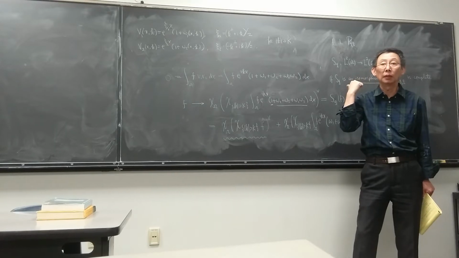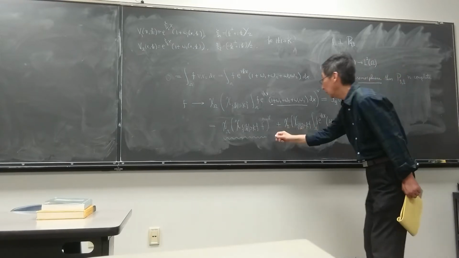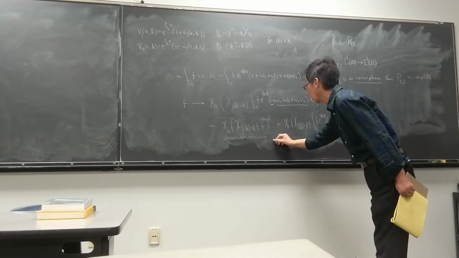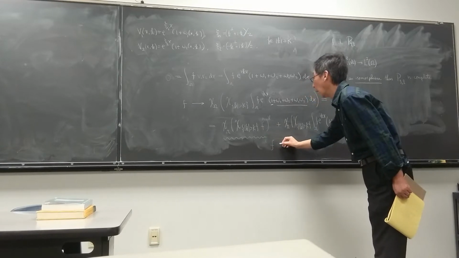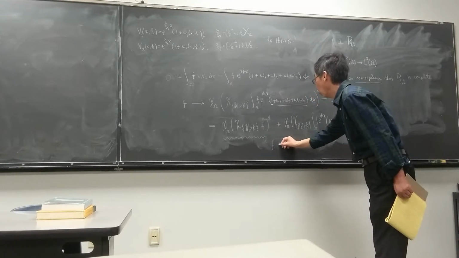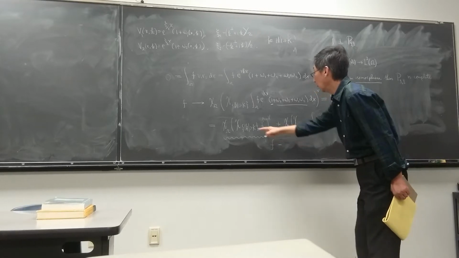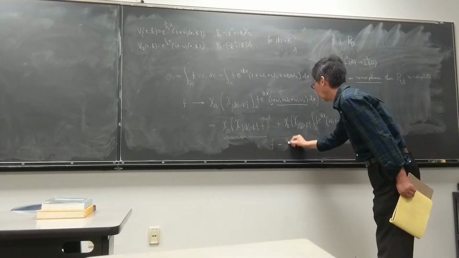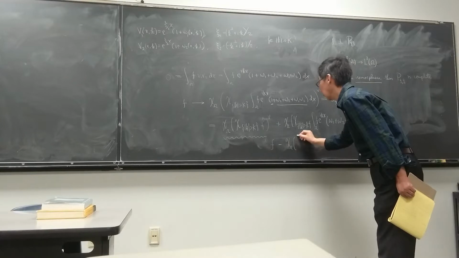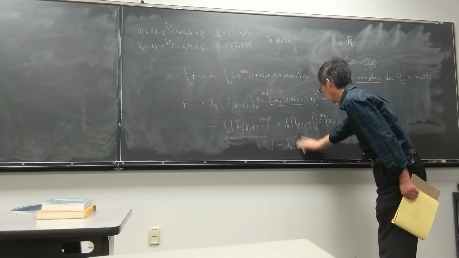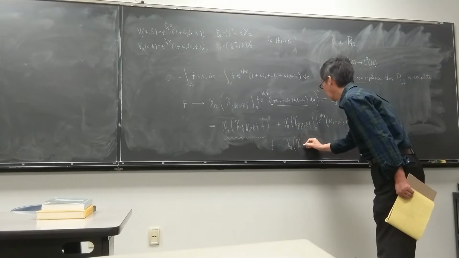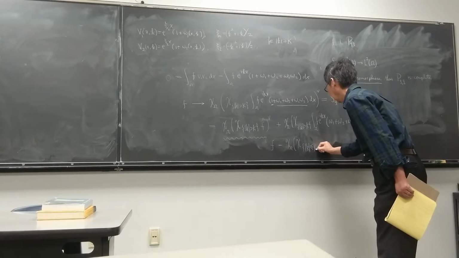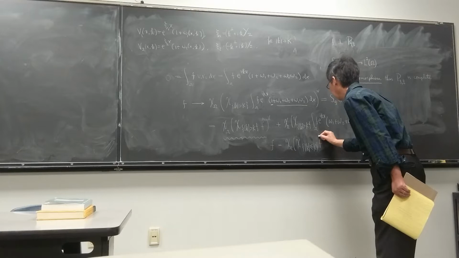It's identical. So this thing can be written as F itself minus another operator, where you replace it with the restriction to K less than or equal to K times F.